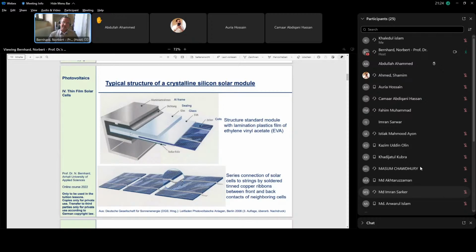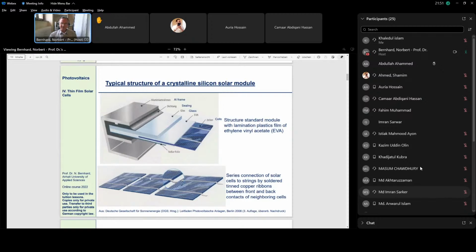Okay, and this stack of glass, EVA with embedded cells, and backside foils, you see it's usually in an aluminum frame, and here of course we need some sealing to keep it tight in this frame. And the cells within each other are always connected with these connection ribbons.